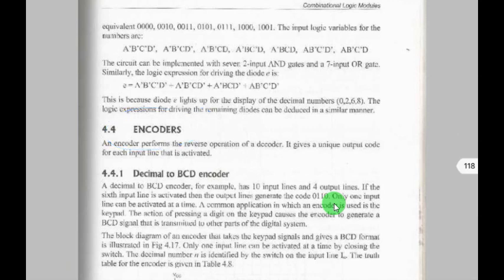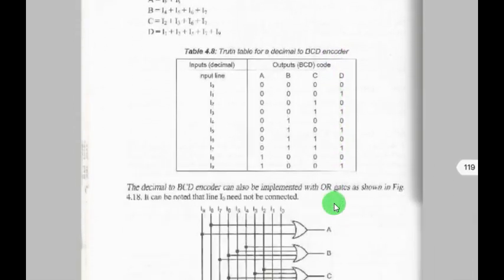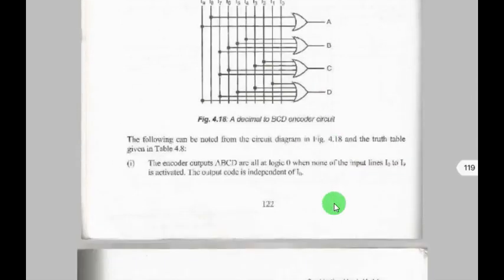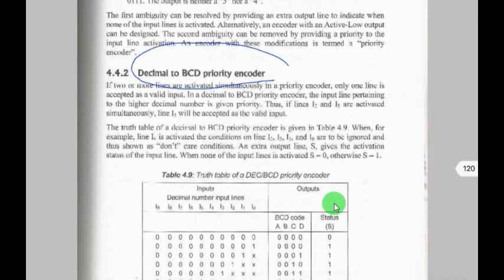That is a very good description. We normally deal with the priority encoders, but before we go to the priority encoders, we just discuss very briefly what the encoders do.